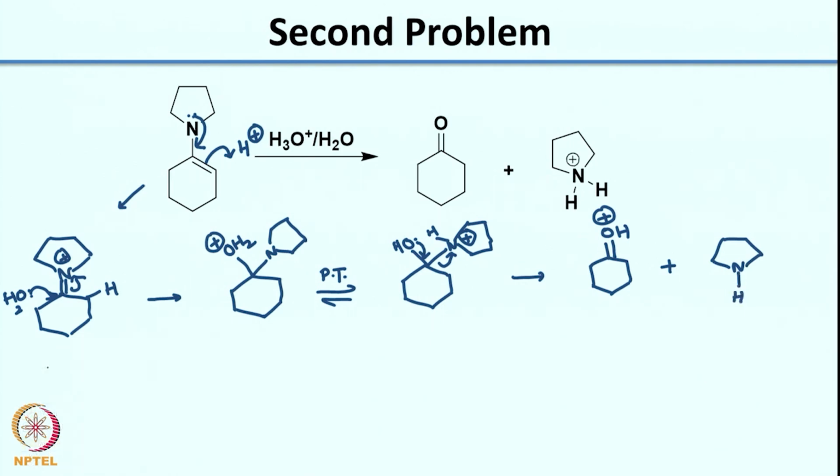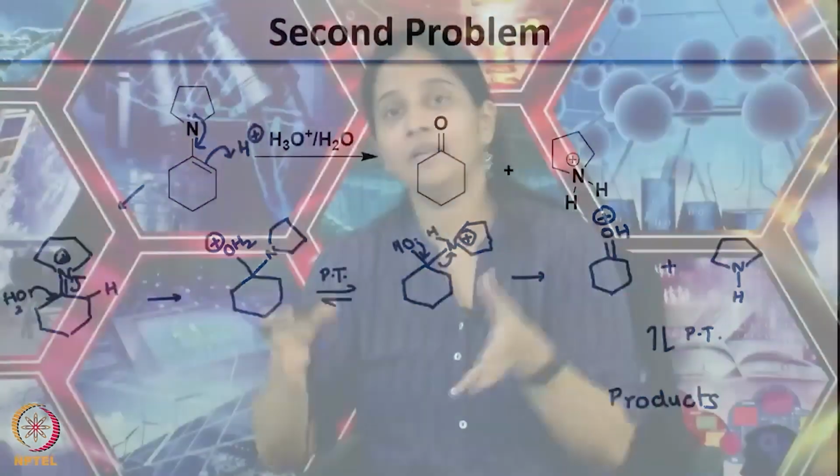Now again once I have this species, I can do a proton transfer to give you the products. So again if you write the reaction mechanism very systematically, there is very little chance of you falling into any trap or making any kind of mistake.